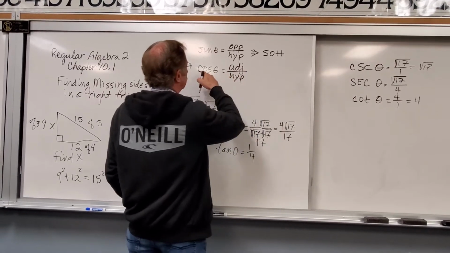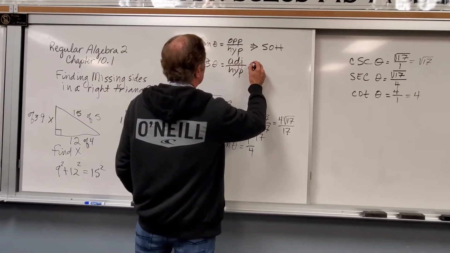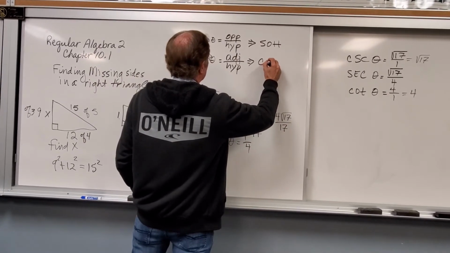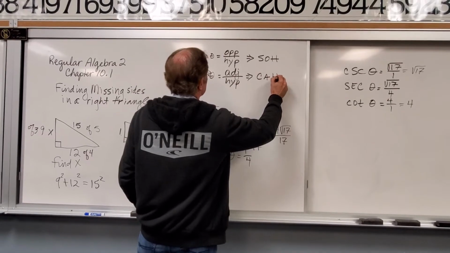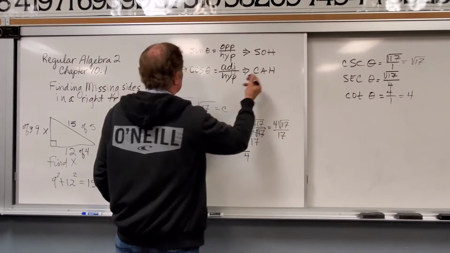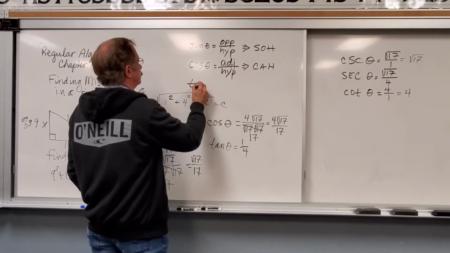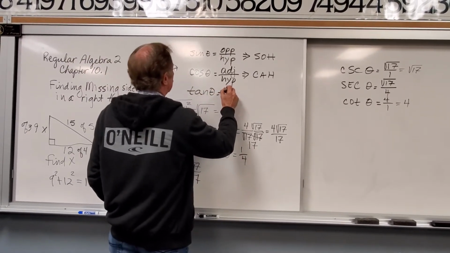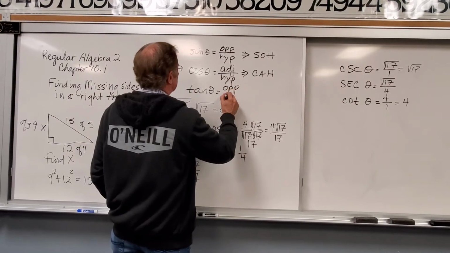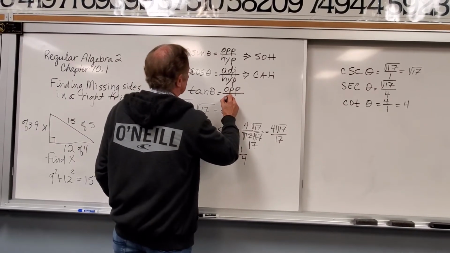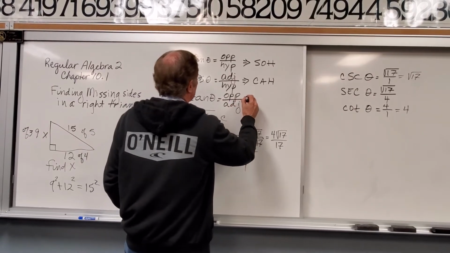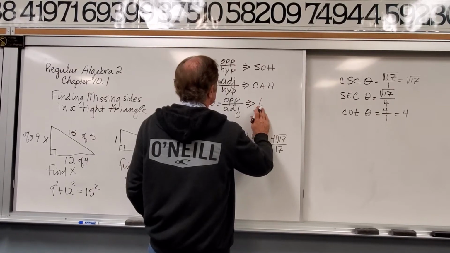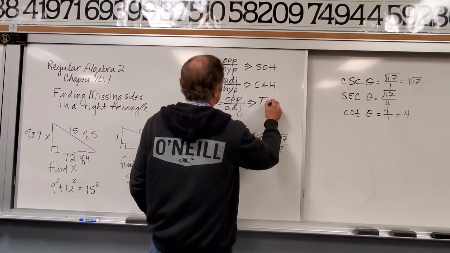And of course, taking those first letters to make the acronym, we would have C, A, H. So you have S-O-H, C-A-H. Now if you look at tangent, you'll see opposite over adjacent. And the acronym for that is capital T, O, A.